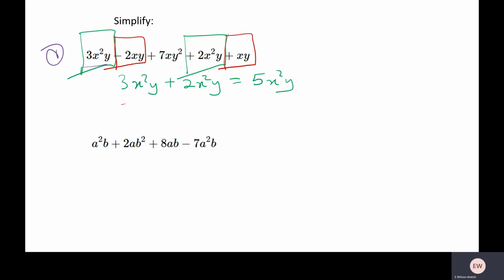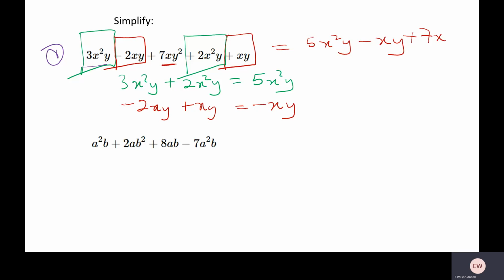So we are going to have minus 2xy plus xy, and this will give us minus xy. This is the same as minus 2 plus 1, and the answer is minus 1, which is minus xy. So the answer to this expression, after we've simplified it, is going to be 5x squared y minus xy. Now we are left with this one, so we add it to the answer, which is 7xy squared.